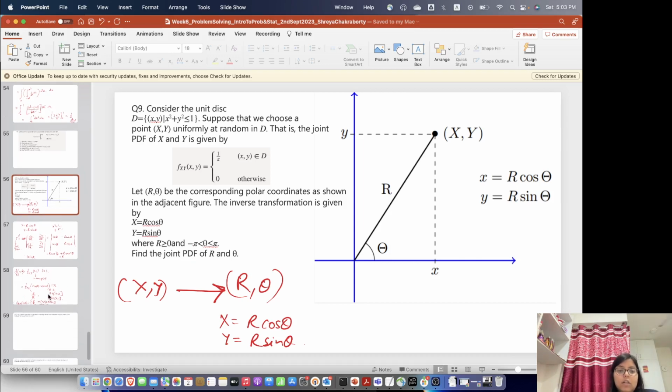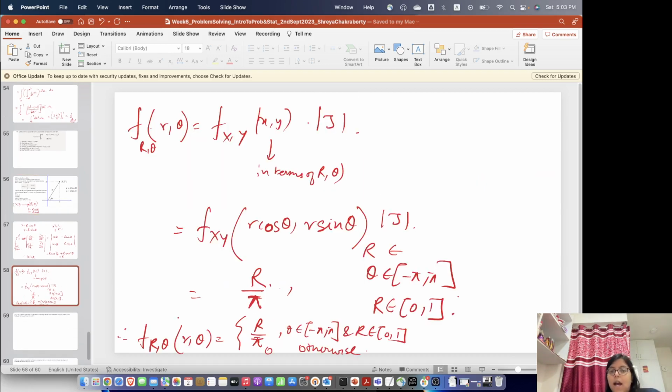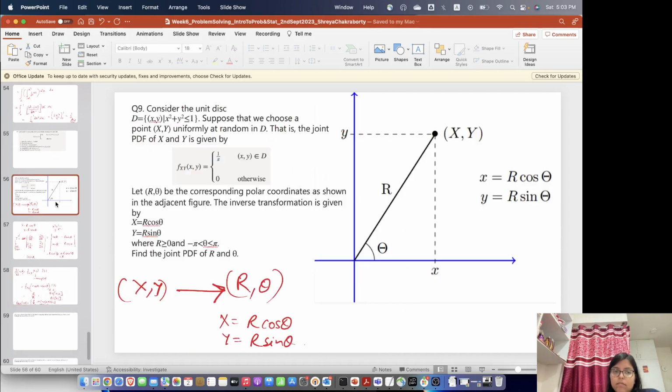This will be the joint PDF of r and theta. Because we are considering x square plus y square less than or equal to 1, r square will also be less than or equal to 1, and r is greater than or equal to 0, so r's range will be from 0 to 1.